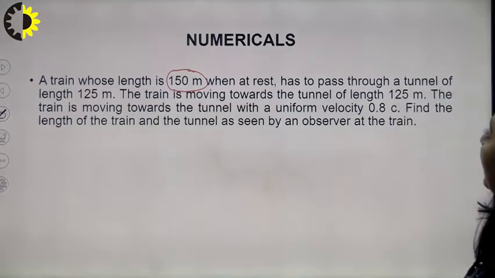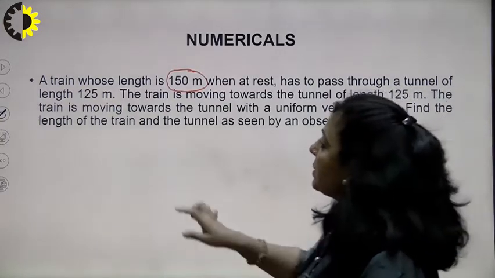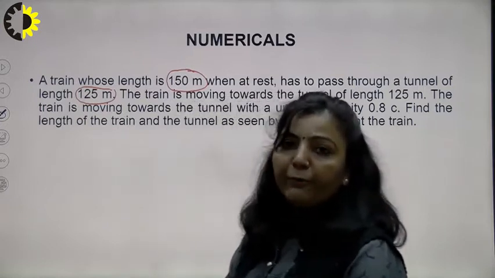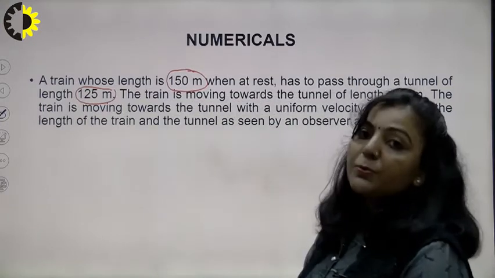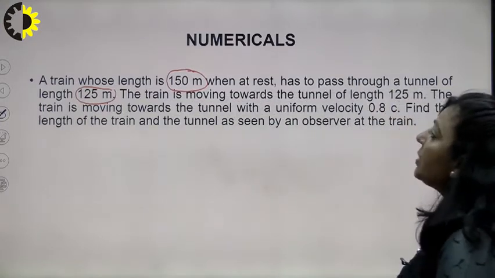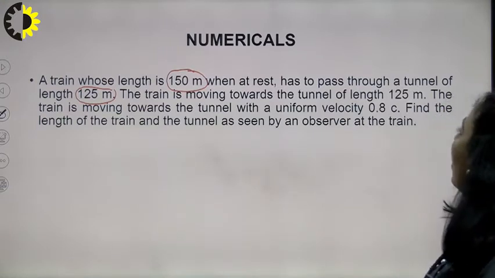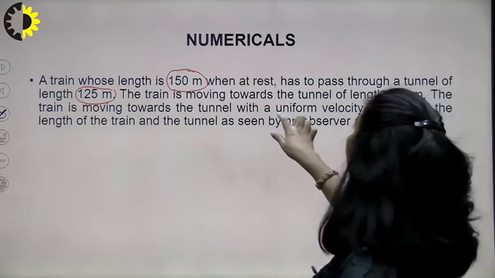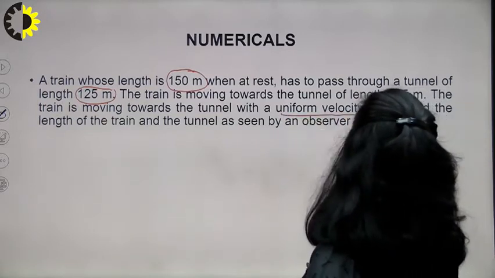It has to pass through a tunnel of length 125 meter. Means that the train will pass through a tunnel and the length of the tunnel is 125 meter. The length of the train is 150 meter. The train is moving towards the tunnel with a uniform velocity of 0.8 c.